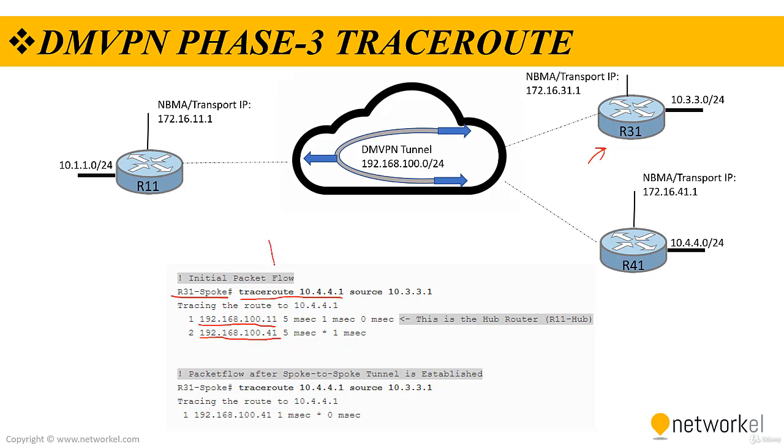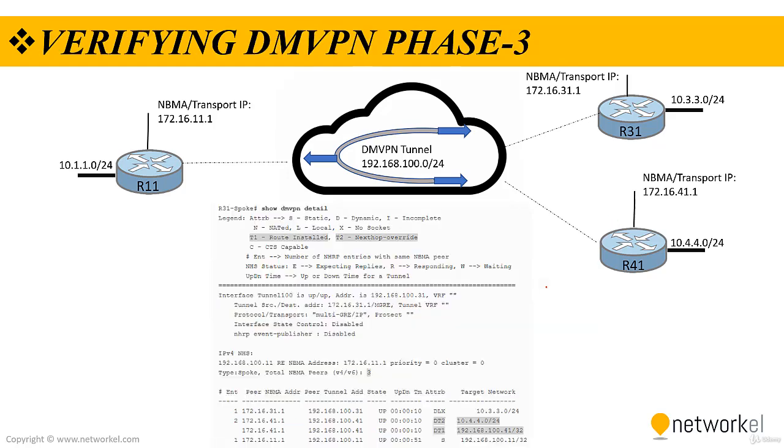So this is the initial packet flow, guys. After the spoke to spoke tunnel is established, which is the main advantage of DMVPN phase 3, if we were to traceroute towards the same IP again, we will just see one hop, and that is just the 100.41 IP address of router 41.